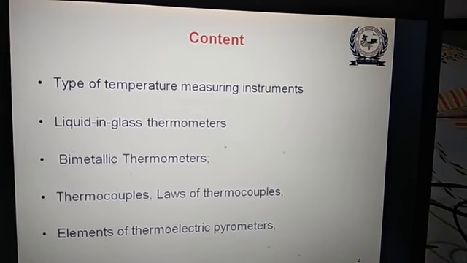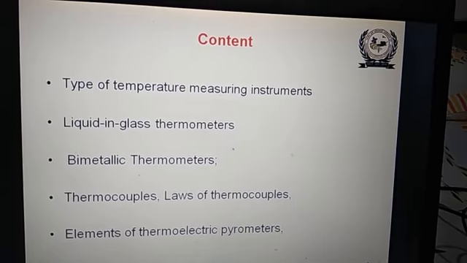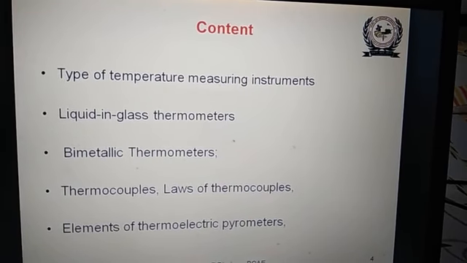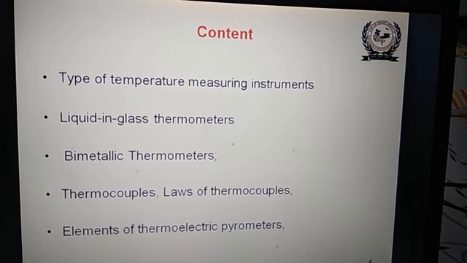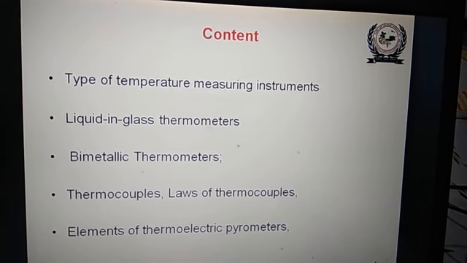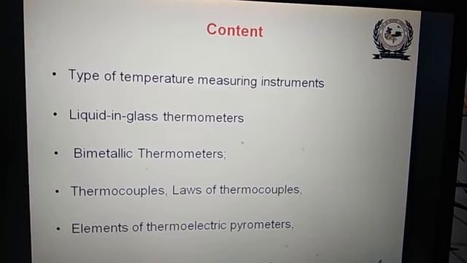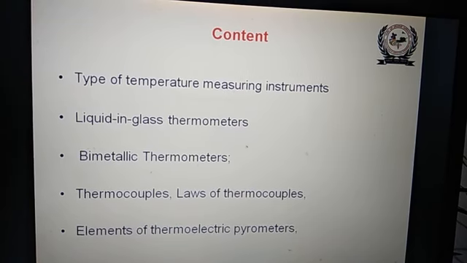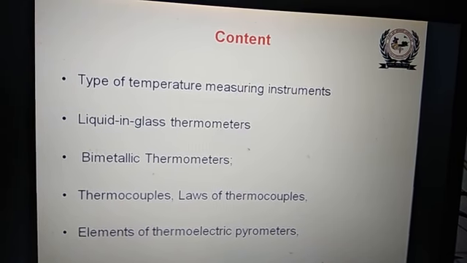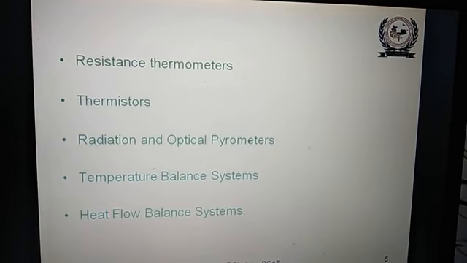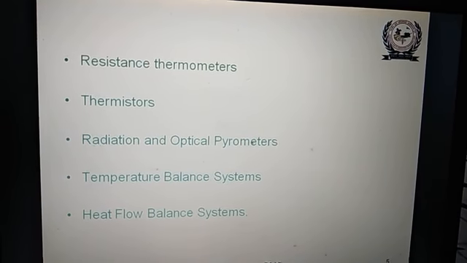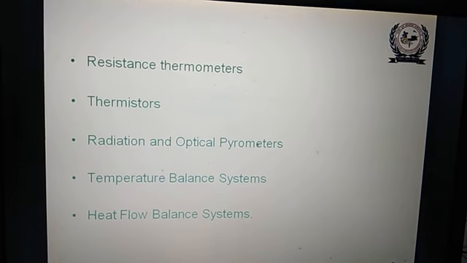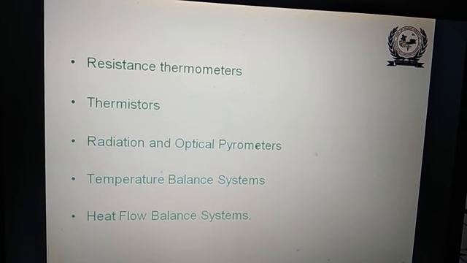We have seen various temperature measurement techniques: liquid in glass thermometer, bimetallic thermometers, thermocouples, laws of thermocouples, elements of thermoelectric pyrometer. Except this pyrometer, we have seen thermistors, etc.